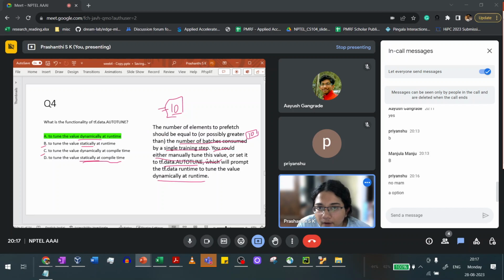So what autotune needs to do for you is to give you the highest flexibility by not making this value static. This value needs to be dynamic. Additionally, if there is a compilation step, this value need not be set at compile time, it can be set at runtime. Why does that give you more flexibility?